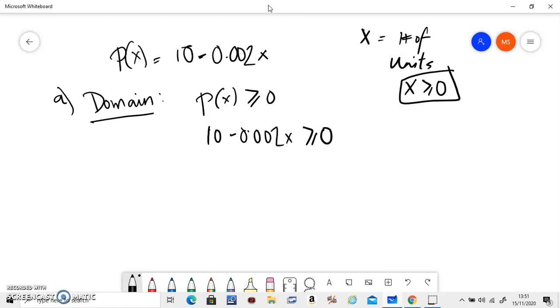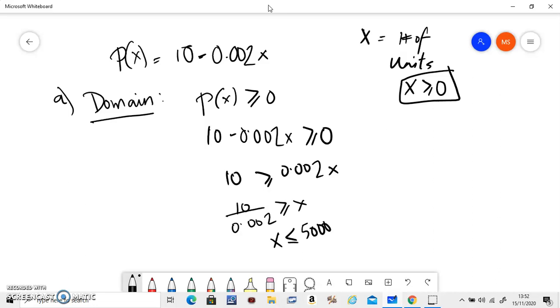And then all you have to do is solve for x. So move this on the other side. 10 becomes bigger than or equal to 0.002x. So divide by 0.002. So x becomes less than or equal to 5,000.